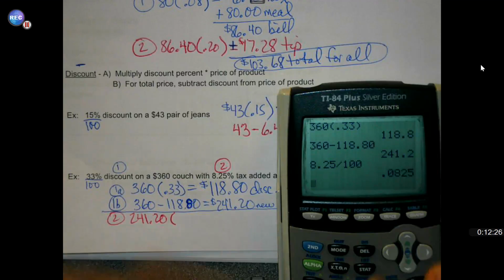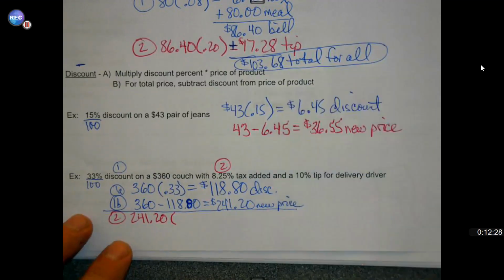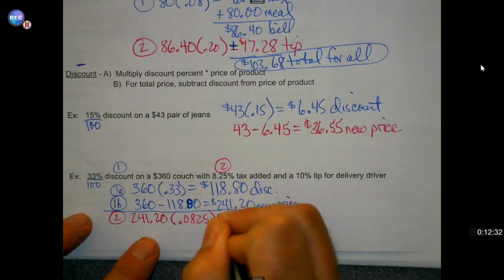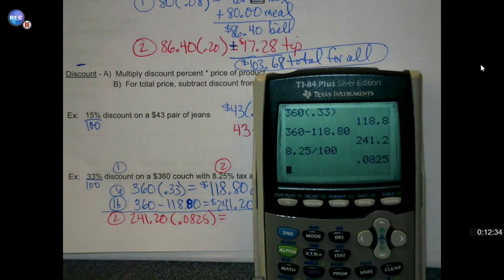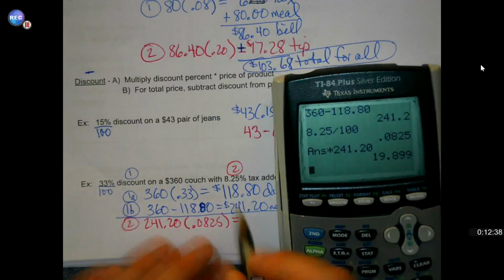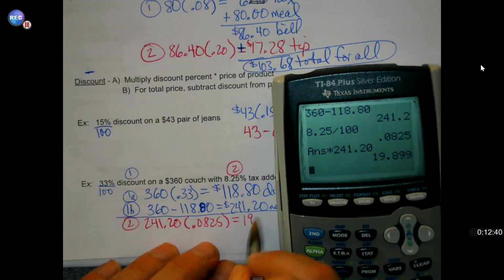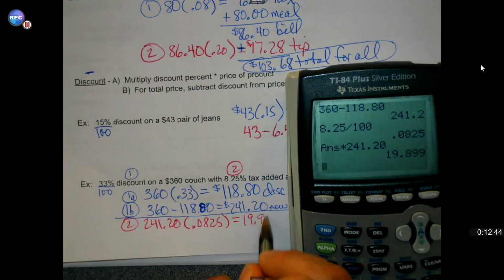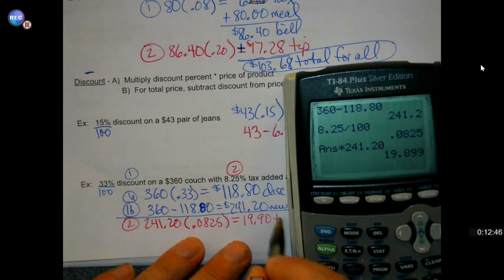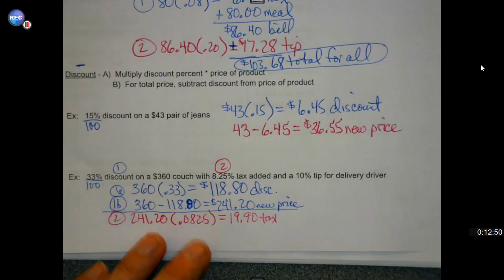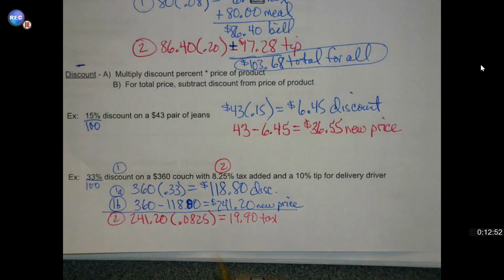I got to get that other percentage in, otherwise the government's going to come after me with it. So if I take that times my price, so 19.90, that's going to round up, so we're going to call that $19.90 in tax.